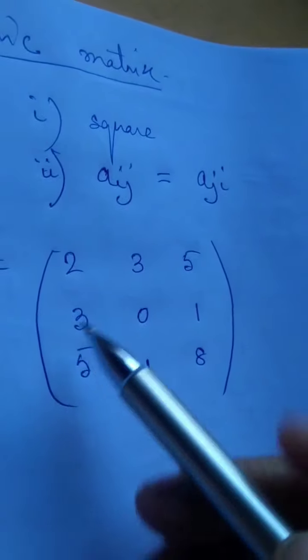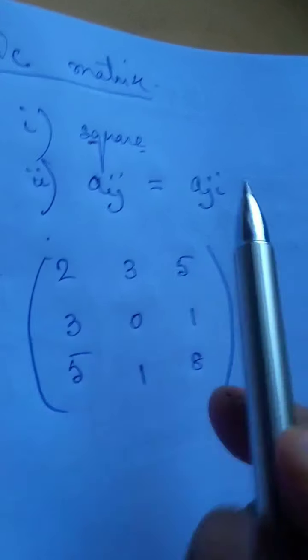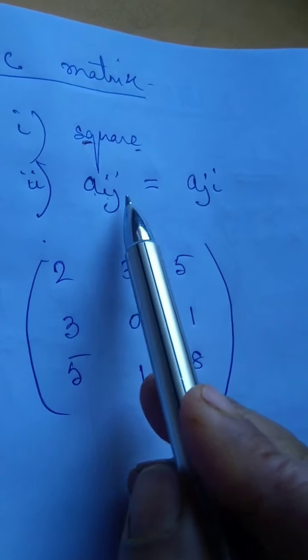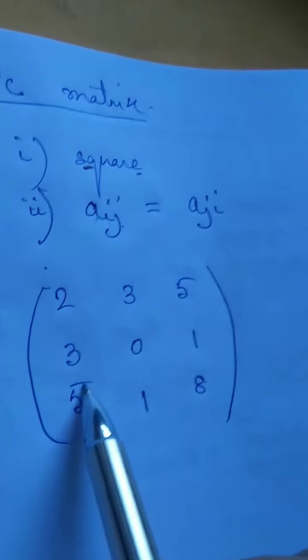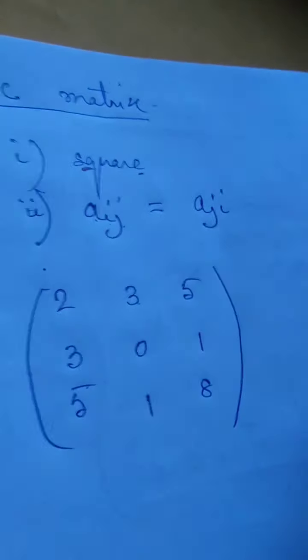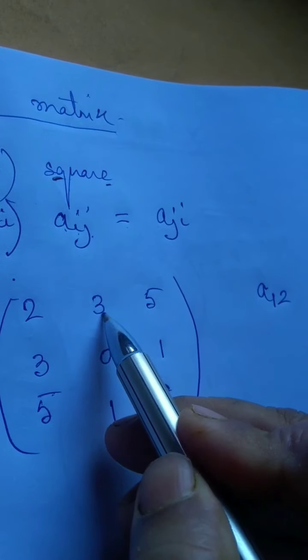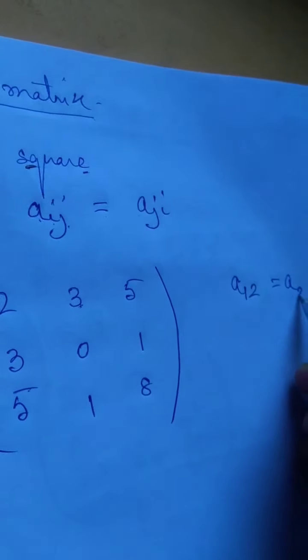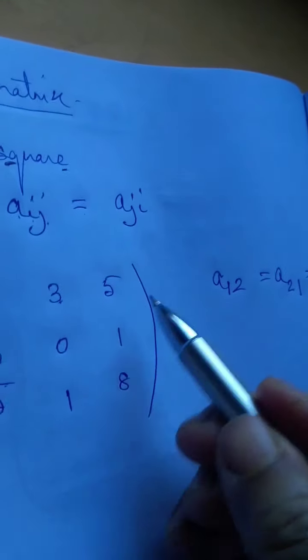A symmetric matrix is a square matrix and it is obtained if the element of the ith row jth column is equal to the element of the jth row ith column. Look here, this is A12, element of the first row second column should be equal to the element of the second row first column, and both are equal to 3.